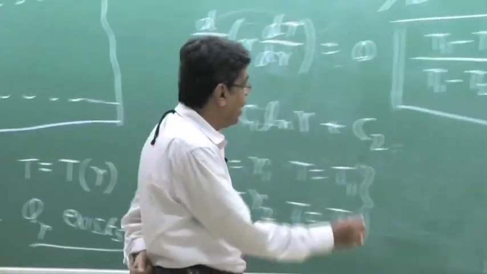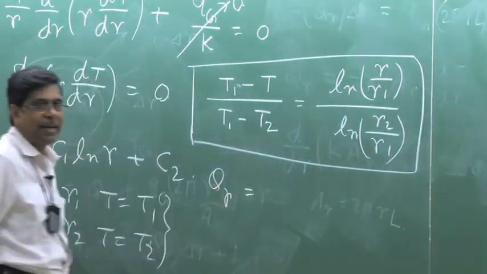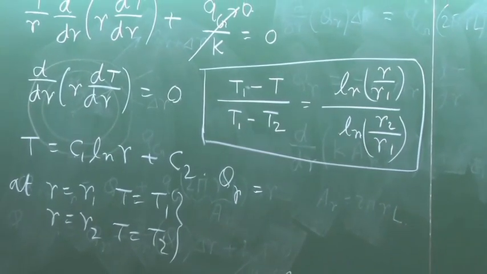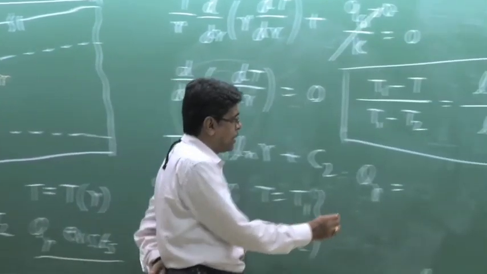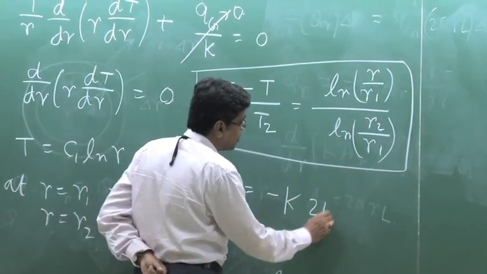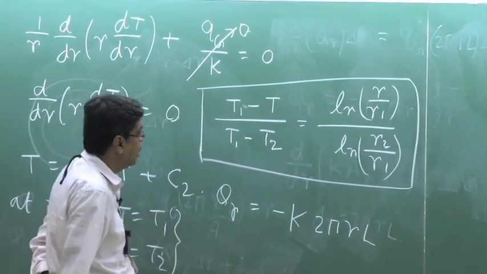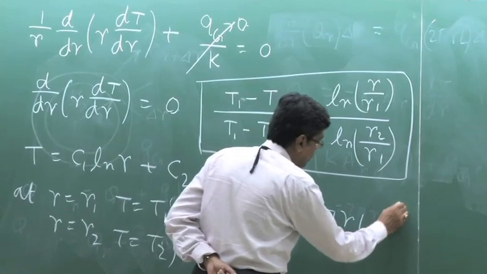Now if you find the Q_r at any arbitrary section, we already wrote the expression: minus k into A_r, that is twice pi rL, into dT/dr.